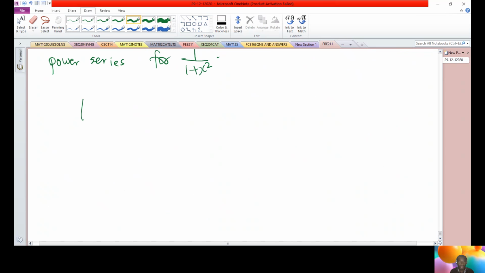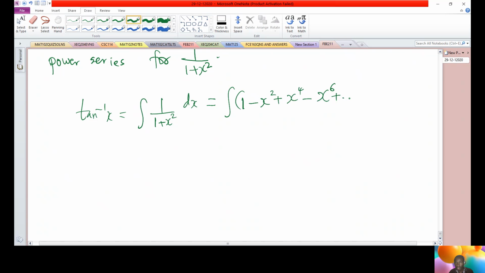So tan inverse of x is the integral of 1 over 1 plus x squared dx, which will be the integral of 1 minus x squared plus x power 4 minus x power 6 plus ... dx, which will be c plus x minus x cubed over 3 plus x power 5 over 5 minus x power 7 over 7 plus several terms.